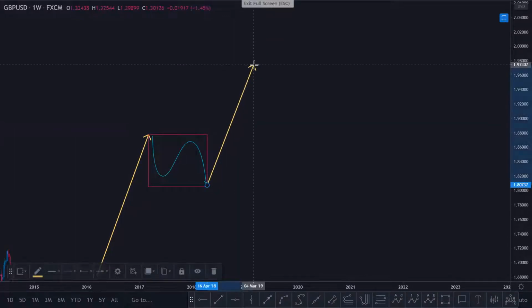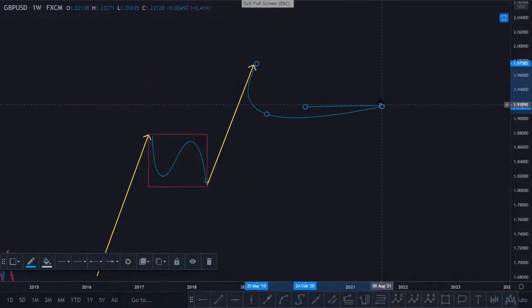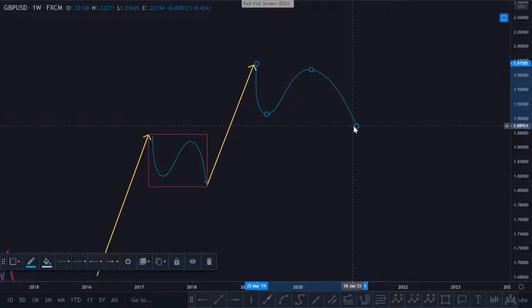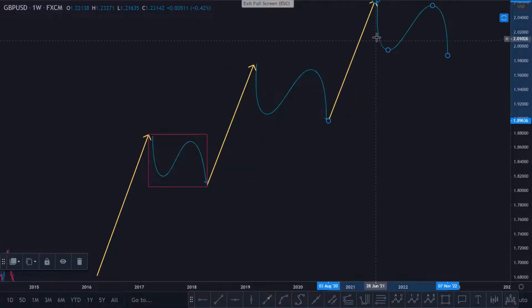And then following that impulse, what we'll either see is another correction. And I'm drawing these corrections in this way for a specific reason, which I'll get to later. We'll see another correction, and if we see that, we'll more than likely see another impulse moving forward.